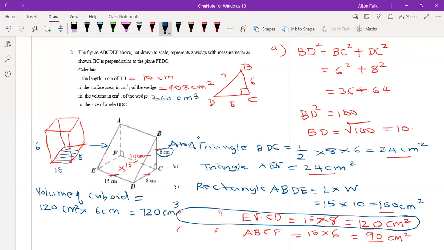And let's take the last one. Angle BDC. Well, we can go back to this triangle up here. Angle BDC, we need to just find this angle here. And we know that BD is 10. We could use any of the different trigonometric rules, and let's see if we can work it out here.